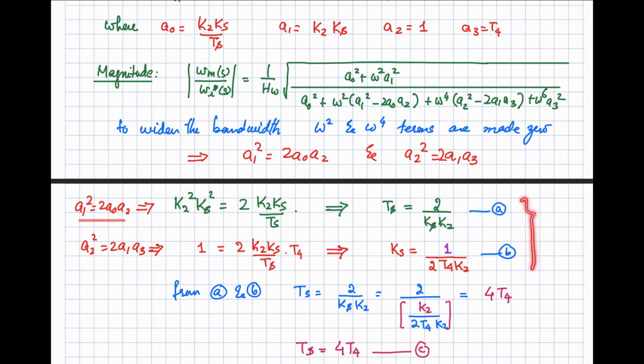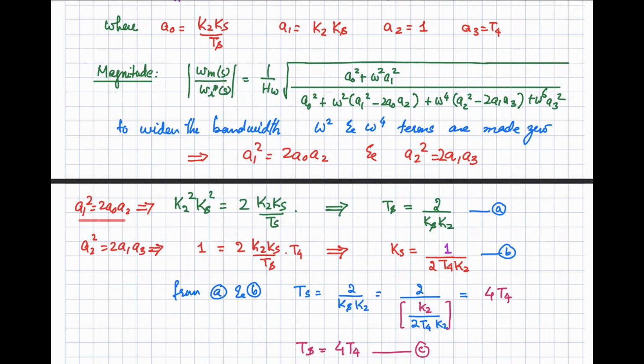If we select our time constant ts and gain ks with the help of these equations, then the coefficients of omega square and omega power 4 will be 0. These two terms will no more be there, and we will only be left with this one.